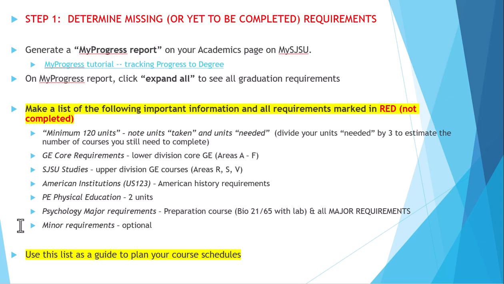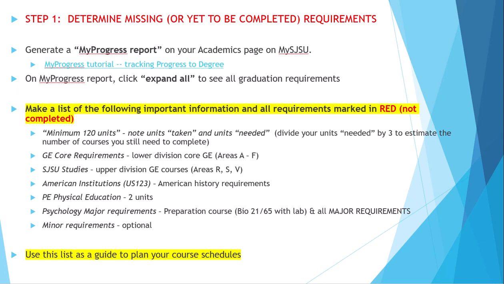And if you're completing a minor, which is optional, any requirements relevant to your minor that you're missing, you should also list those. I know that My Progress report already has all of those indicated, but it's also very helpful to have a hard copy or another report that's very handy for you to use as a guide when you're planning your class schedules.